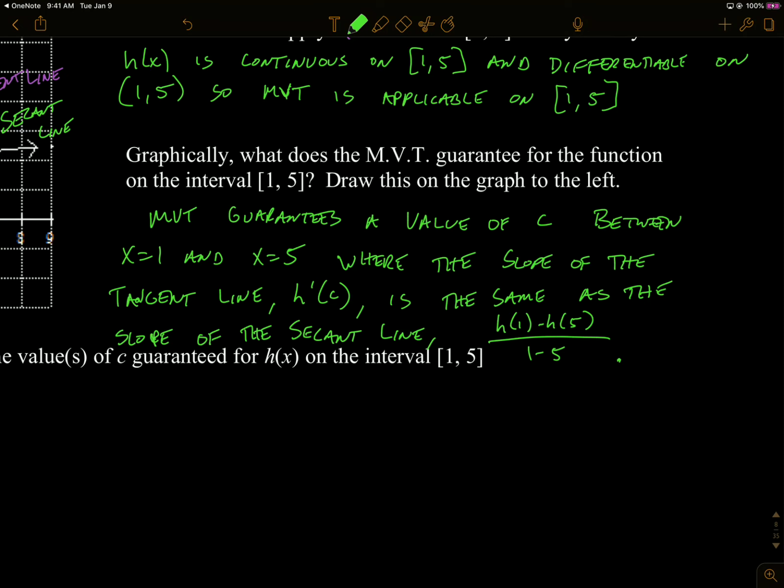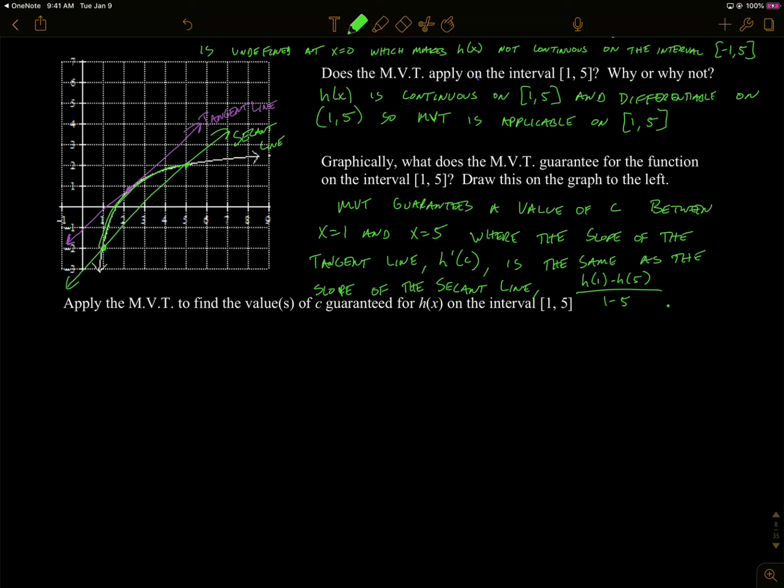So there exists some value in there where the slope, the instantaneous rate of change, is equal to the average rate of change over the interval.